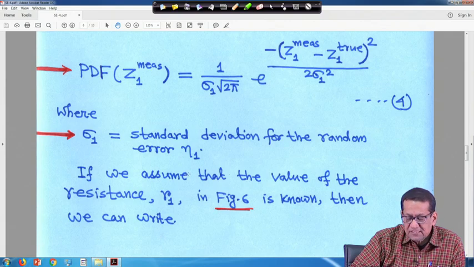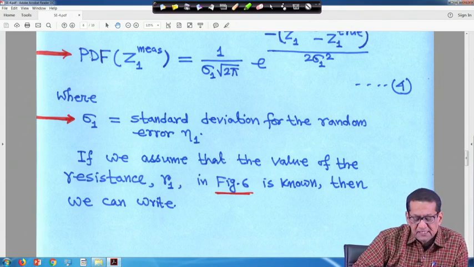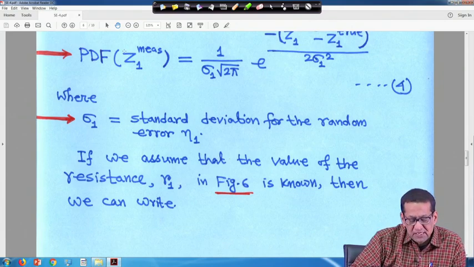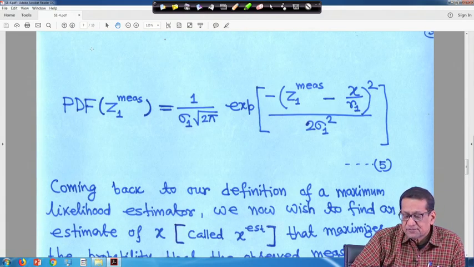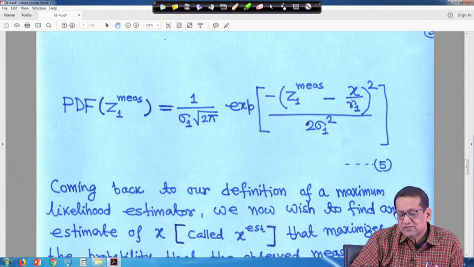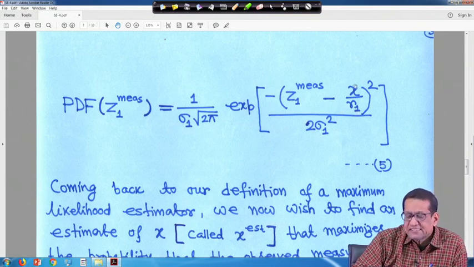If we assume that the resistance R1 of the DC circuit in figure 6 is known, then we can write that Z true is equal to x upon R1, because Z is the ammeter reading, say in amperes, and x is the volt.